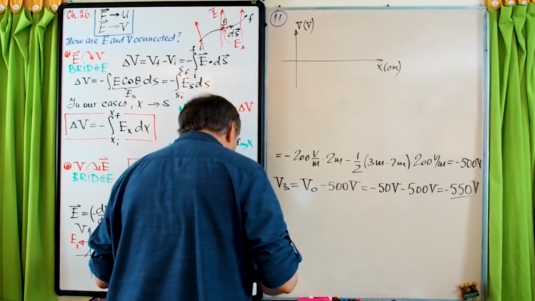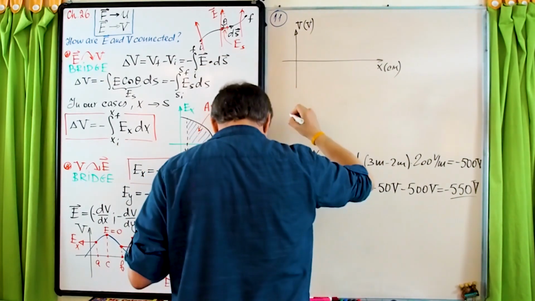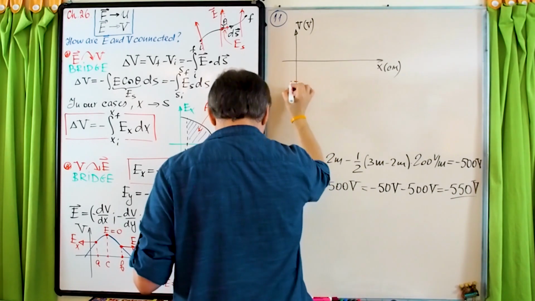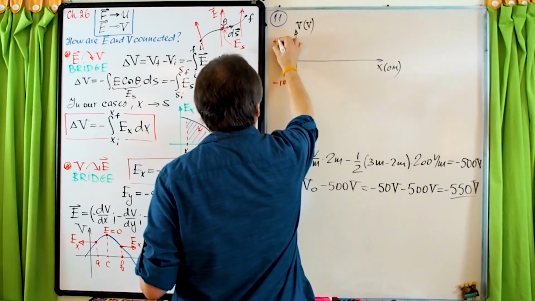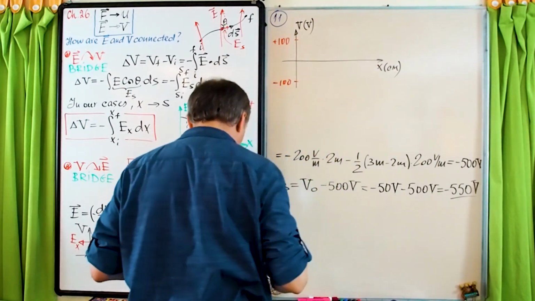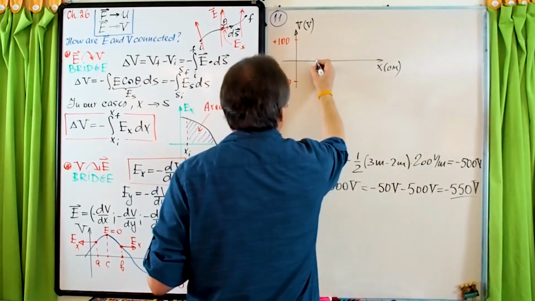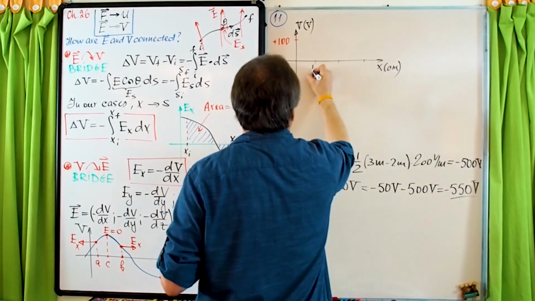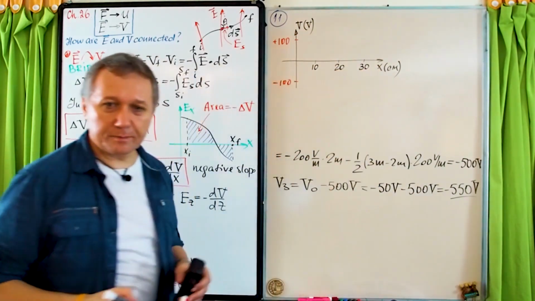Okay, so the plot is given. Let's say this is negative 100, this is positive 100, and then 10, 20, 30 centimeters.